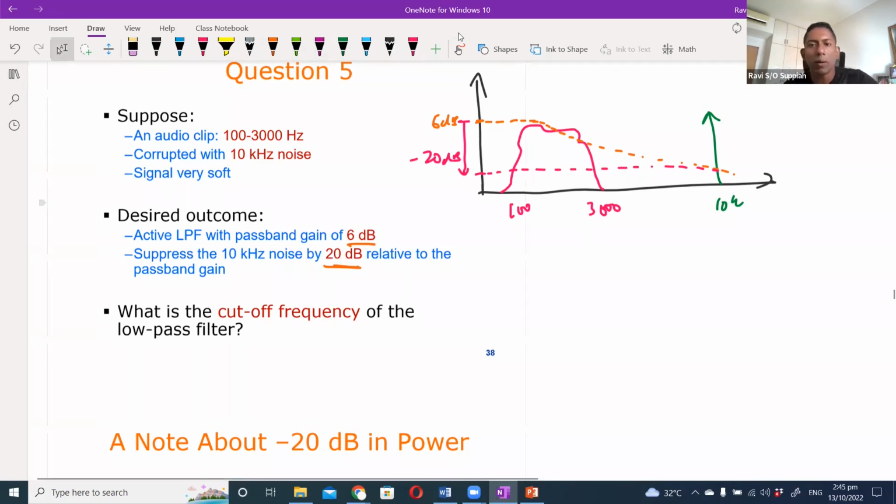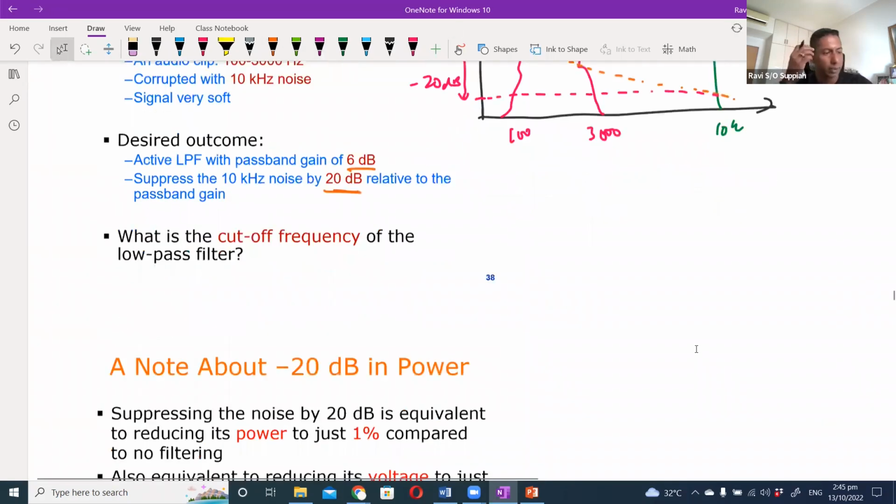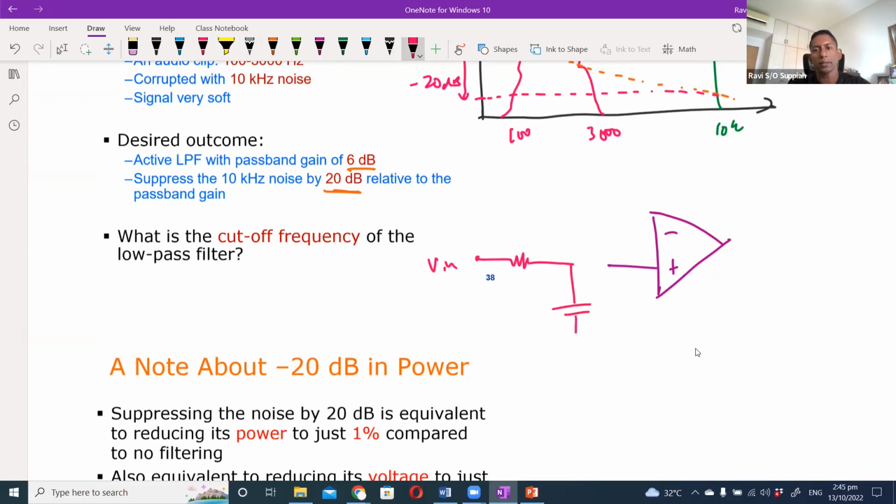So how do we go about this? The first step is the design of the filter. An active low pass filter has two parts. One is the actual filter part, which is nothing more than your RC, a resistor and capacitor.